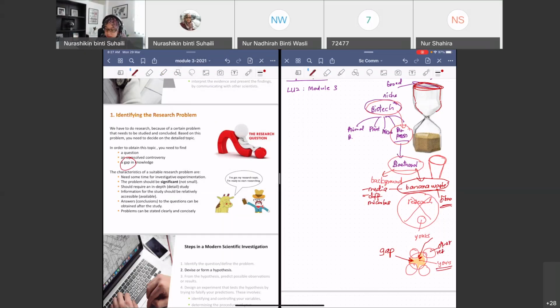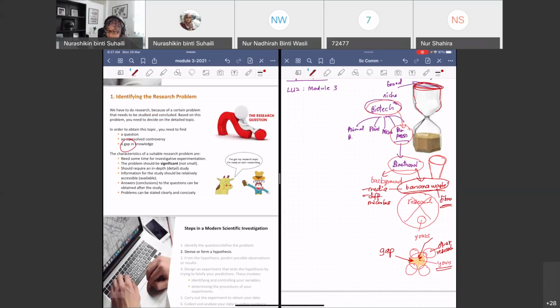Remember the diagram in the last lecture. If there is no gap, like in the first diagram here, this is your research and this is other research, there is no gap. It's just redundancy. So that means no gap.